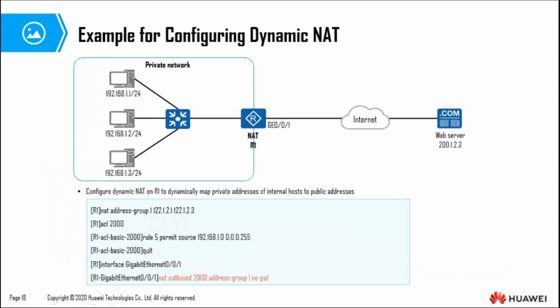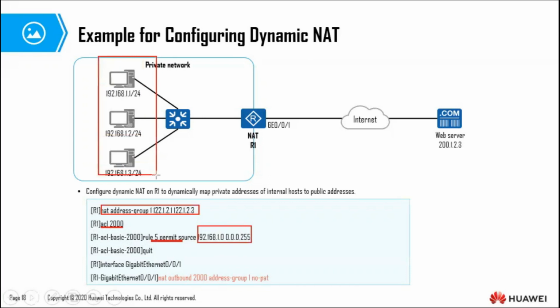Okay, so an example of configuring dynamic NAT. Okay, so nat address-group, then we have 122.1.2.1 all the way to .3. Then we create an ACL 2000 rule 5 permit anyone from this network. Anyone from this network.